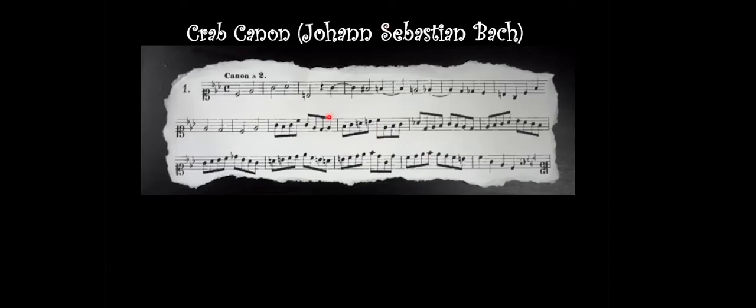So first things first, here's the music score written by Johann Sebastian Bach, and it's called the Crab Canon. I wasn't sure about the audience, and so for the sake of time, I won't go into what a canon is, but I'm happy to discuss after the presentation.